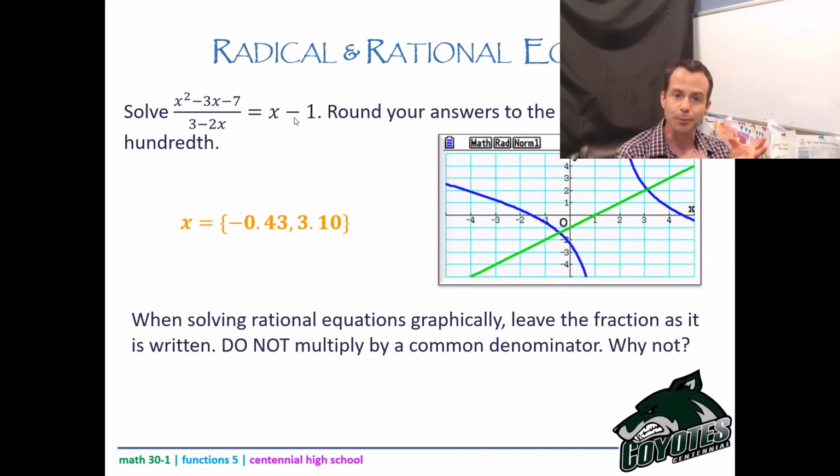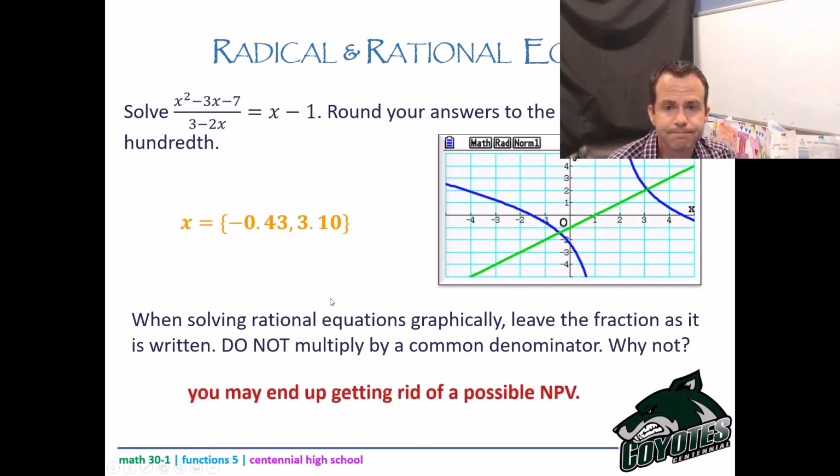Remember when we did it algebraically, we wiped out the fractions, but then we had to make sure our answers weren't a non-permissible value. We did that kind of check and balance. If you were just to multiply by the denominator here, there is no check and balance there, and you may actually be stating an answer that's actually extraneous, okay? So you may end up getting rid of a possible non-permissible value.